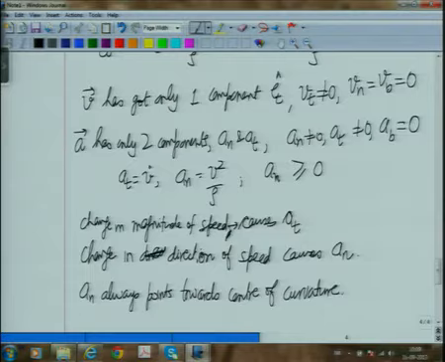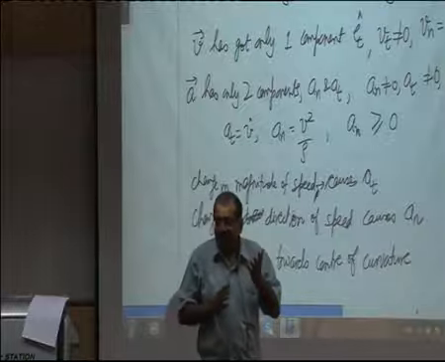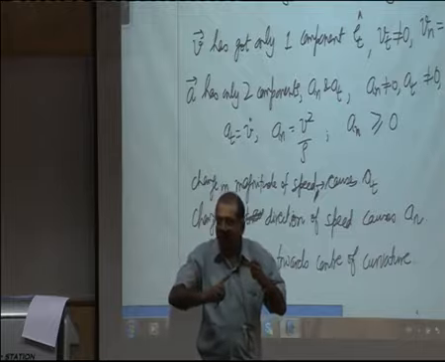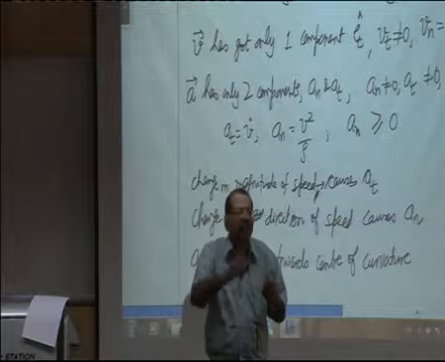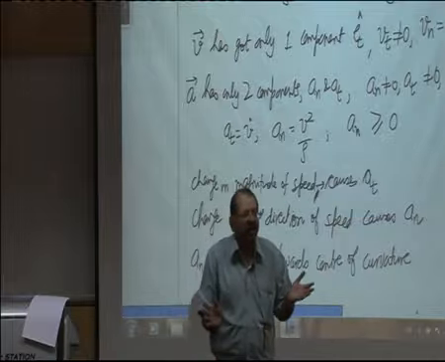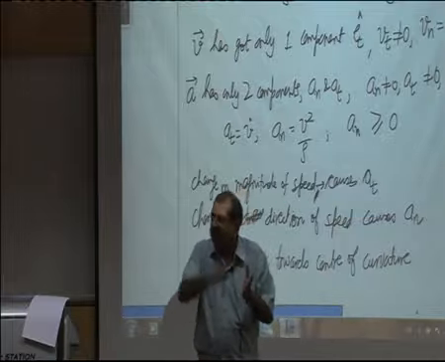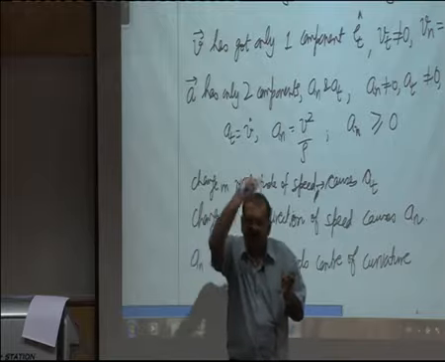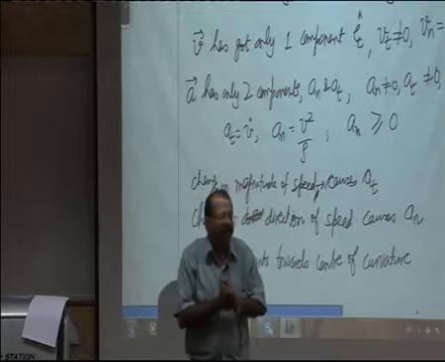Therefore, some possible configurations of accelerations are ruled out. If you get an acceleration component such that the normal is pointing away from the center of curvature, that is not possible. We cannot have it like this. Acceleration, if there is a normal component, always has to point towards the center of curvature.